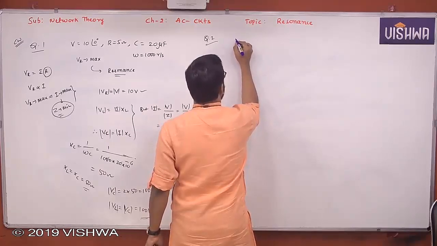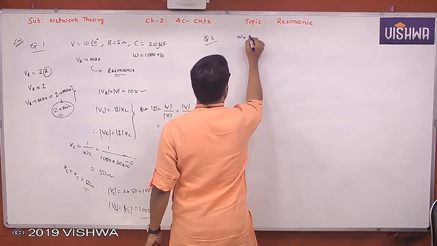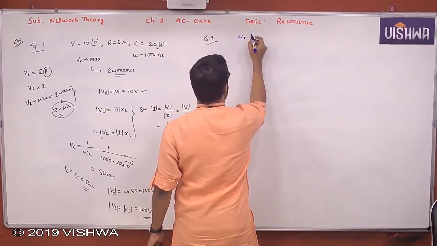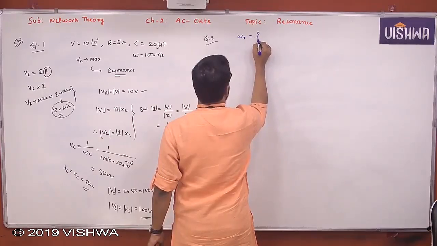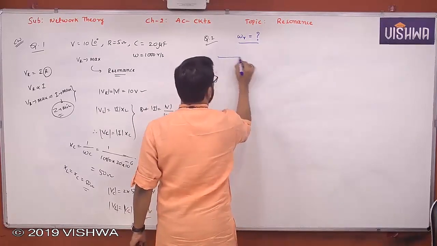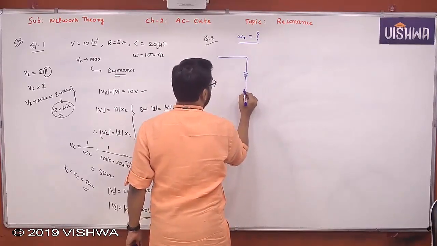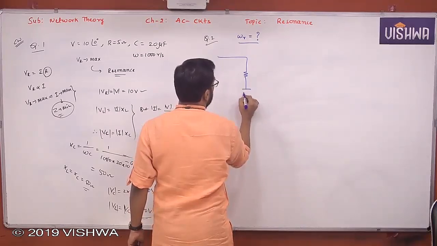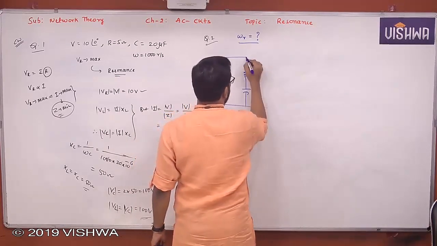The question is given, determine the frequency for which the following circuit is resonant.